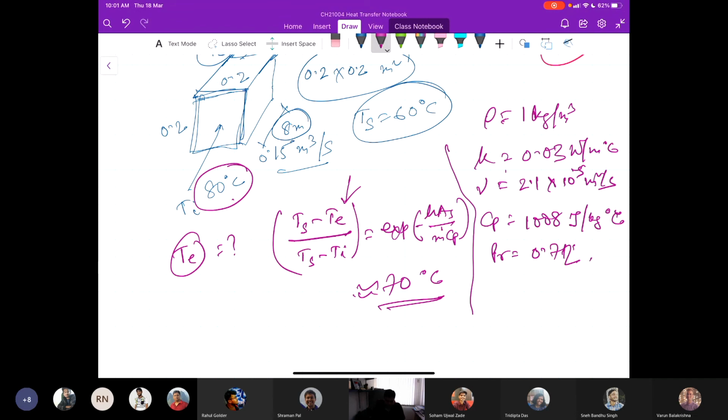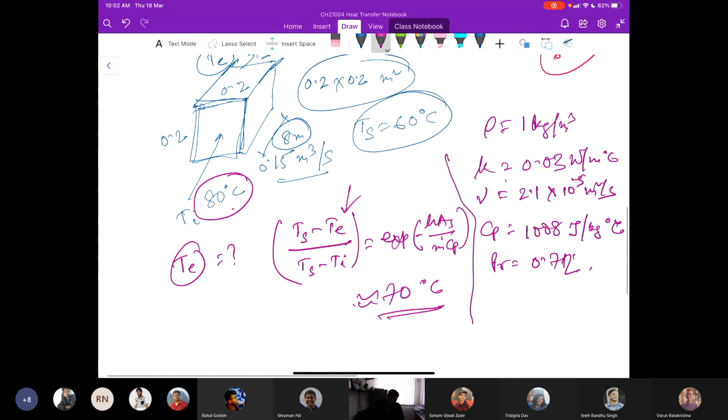And why did you calculate the value of h? It is for this point. If you still try to apply the Q equals hA delta T relation, what would be the delta T in that case?